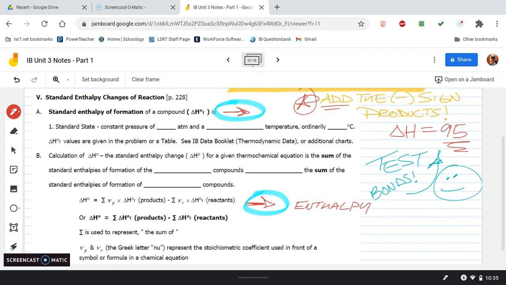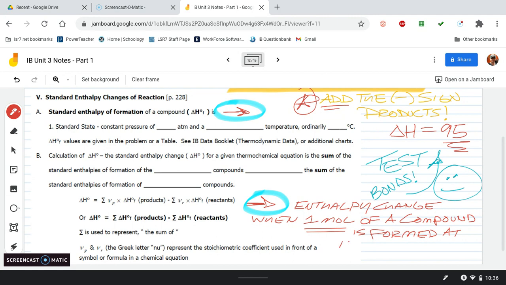This is going to be the enthalpy change when 1 mole, that's important, when 1 mole of a compound is formed, there's that formation piece, is formed, and this is also important, at its standard state.